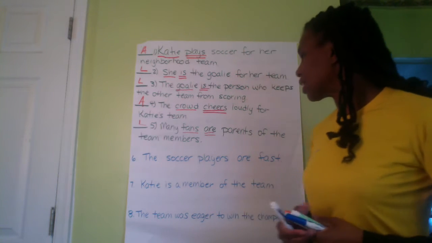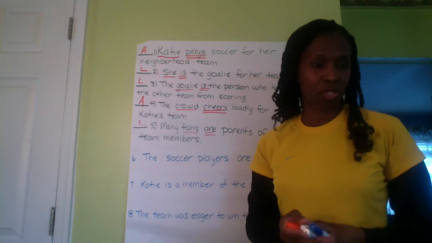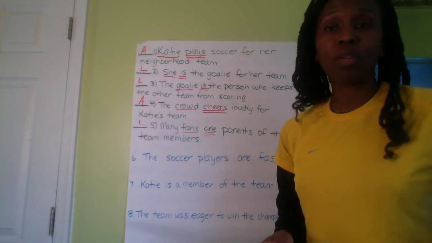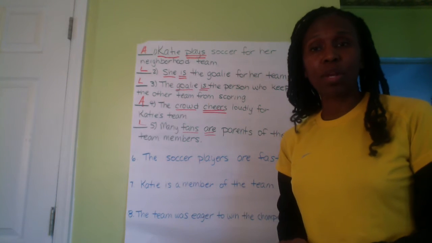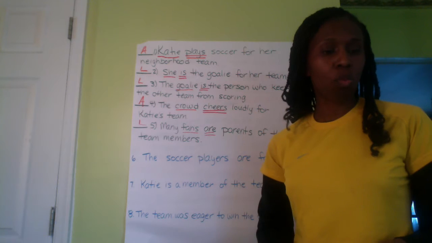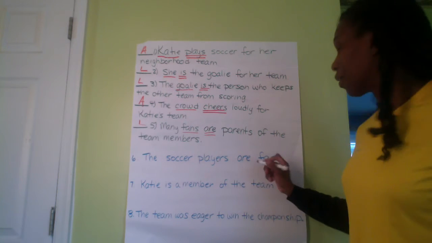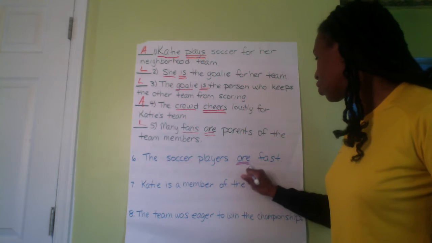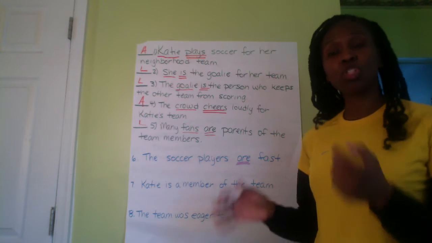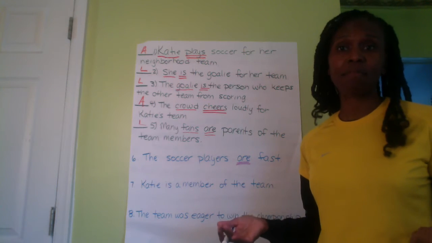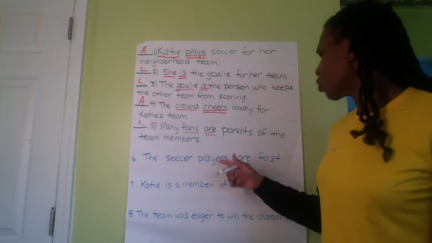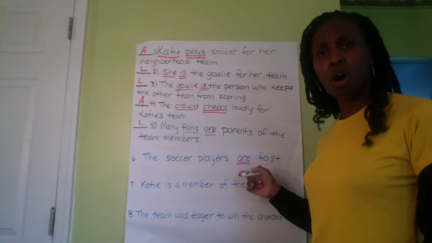All right, so for number 6, the soccer players are fast. Okay, we already know that we're looking for linking verbs. So looking for the word am, is, are, was, or were. Okay, in this sentence, I see the verb are. Underline that twice. Now, in order for me to show what two words they're linking, I have to find my subject, okay? So the soccer players are fast. Who or what are?